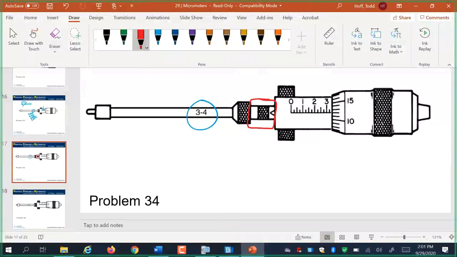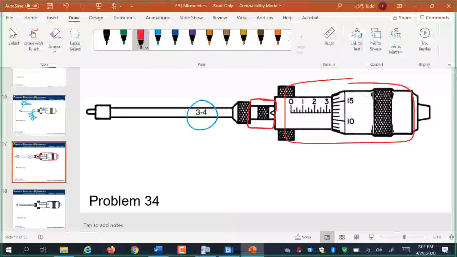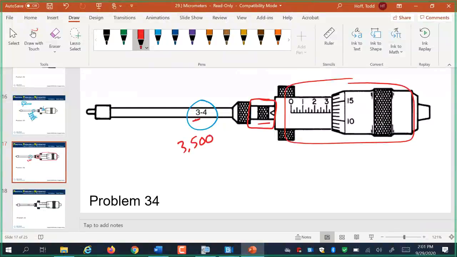The threading on these inside or depth micrometers only goes up to a 1/2 inch rather than a full inch. So we use those 1/2 inch extensions to get anything over 3.5 inches. So this is 3.5 inches is where that's starting out. So 3.50. Then on our main scale, this is 0.325. What is it reading on the thimble there?